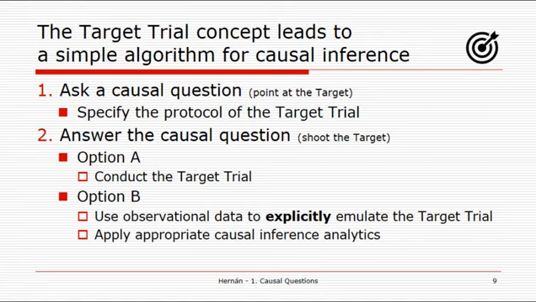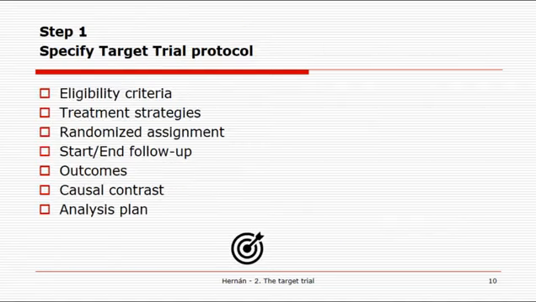But before we start analyzing the observational data, we need to know what our target is. We need to know what is the question that we are trying to answer.